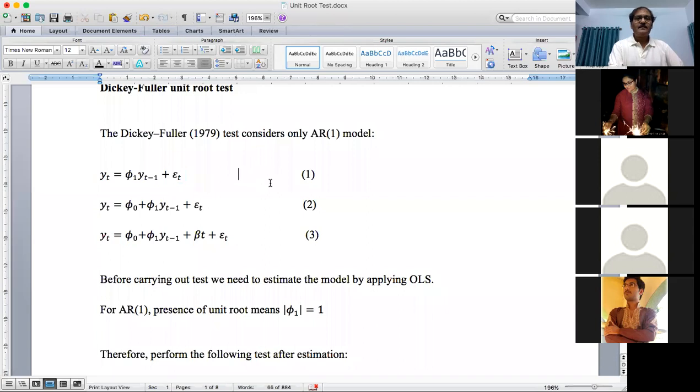The first type is AR1 without drift parameter, the second one is AR1 with drift parameter, and equation 3 is AR1 with drift as well as the deterministic trend component. In all cases, testing for unit root relates to the value of the coefficient phi1.